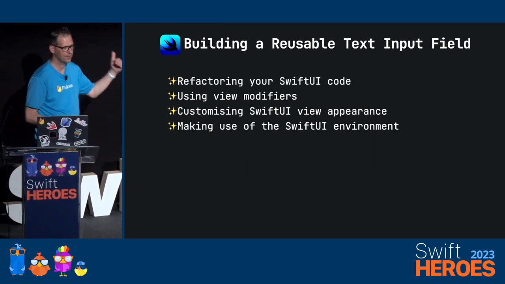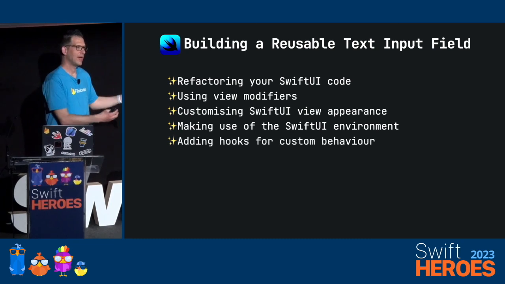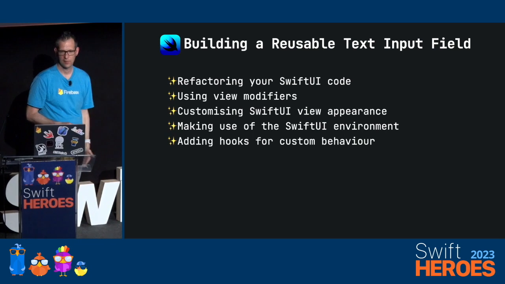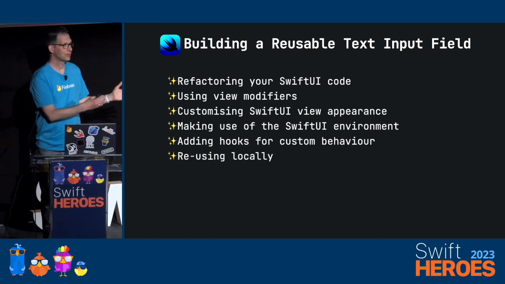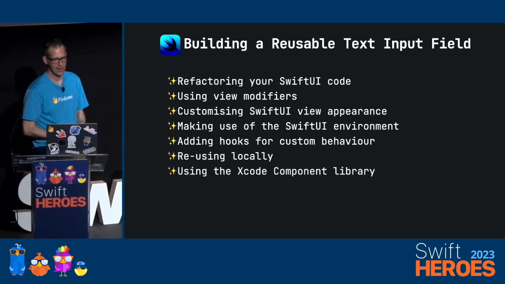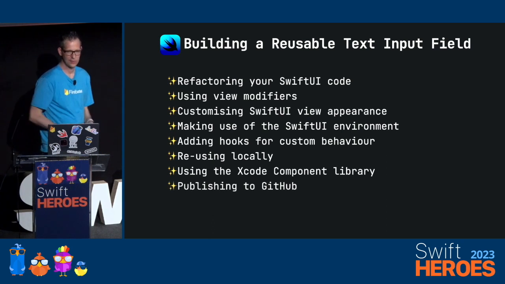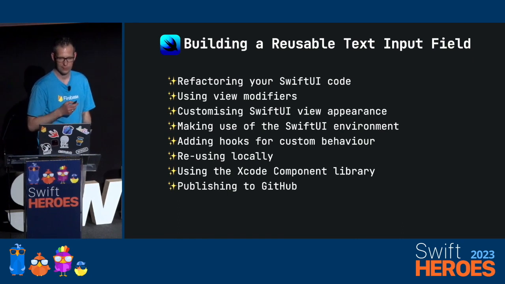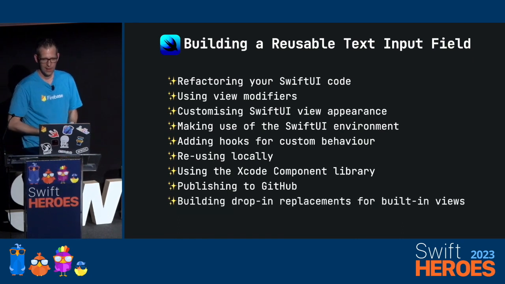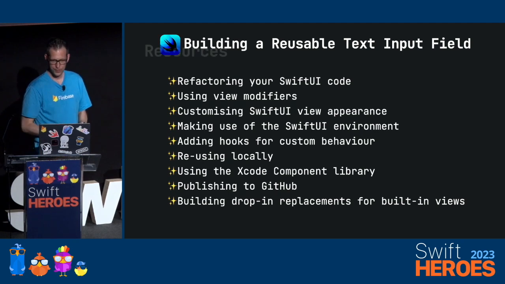So, when you build something, consider using the SwiftUI environment. I showed you how to add hooks, so you can implement custom functionality and add that to your views. I showed you how to reuse it locally. We had fun with the Xcode component library, and then I showed you how to publish that to GitHub, and maybe blew your mind by showing you how to avoid using graphical Git clients. And then I demonstrated how this is a drop-in replacement.